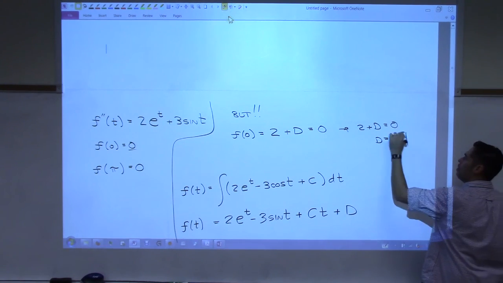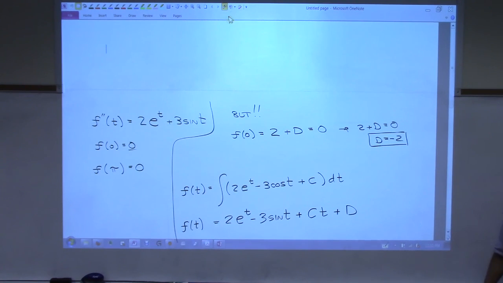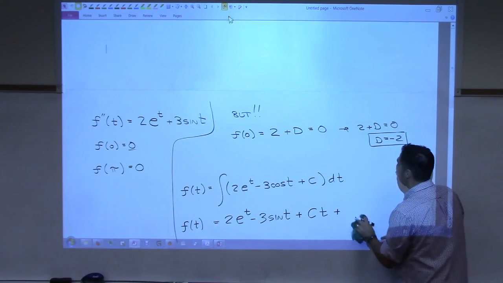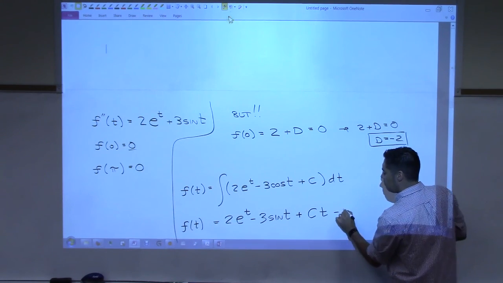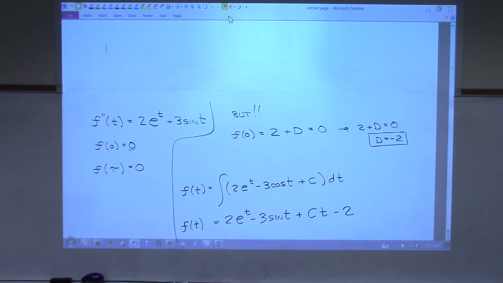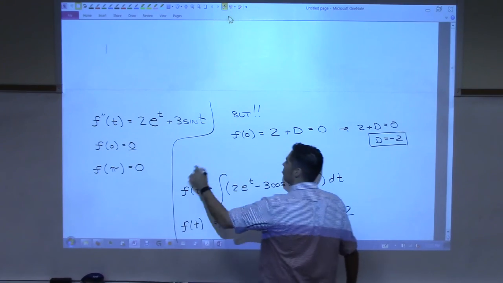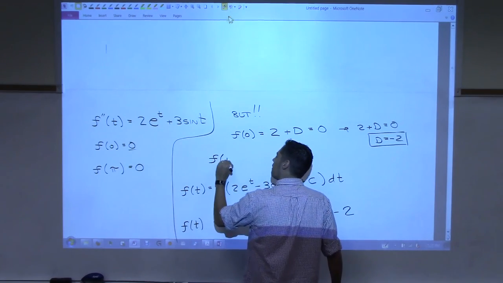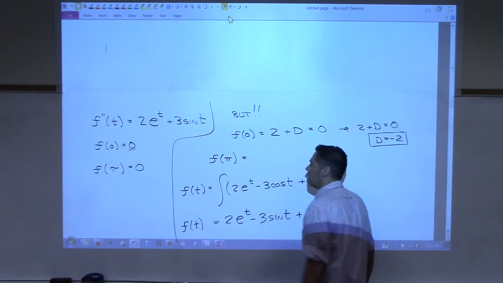Great. I know what d is now, don't I? We could right now just say, hey, look, we know that that's minus 2 now. To get c, let's use the next piece of information, which is f of pi must also be 0. So let's plug in pi.